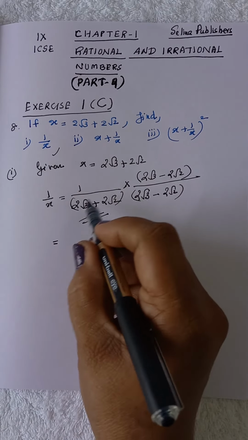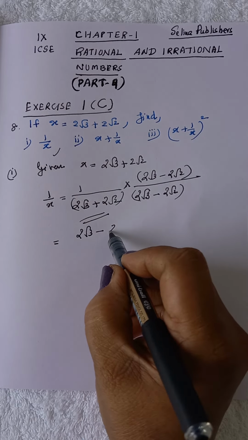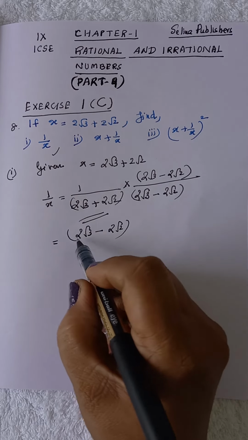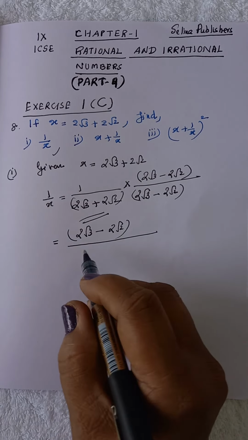Now this is equal to 1 into 2 root 3 minus 2 root 2 divided by, this is a plus b into a minus b form. So a square minus b square.